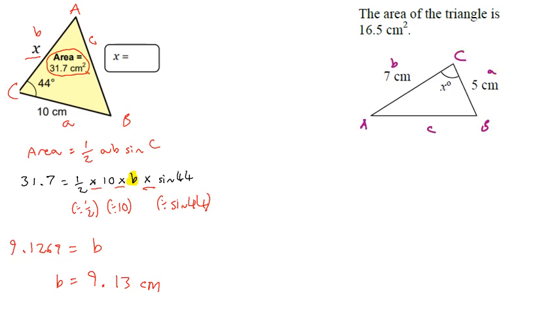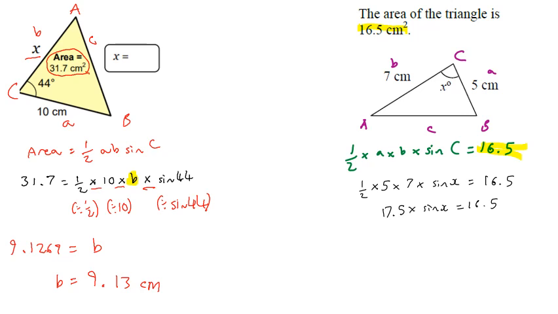Okay, so with the question on the right, first of all, you begin by labelling your sides, something like this. Then we write out the formula, and this time round, we know that the area is equal to 16.5. We then substitute in. After that, this is a little bit harder. But this time I've worked out that half times 5 times 7, this bit, is equal to 17.5.